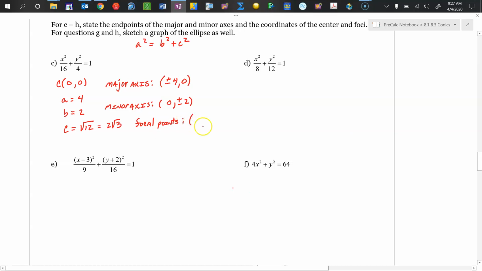So we start at the center 0, 0, and we move plus or minus 2 root 3 in each direction horizontally. So the focal points will have coordinates plus or minus 2 root 3, comma 0. I would now like you to pause the video and do problem D for yourself, and we'll come back and check that in just a moment.